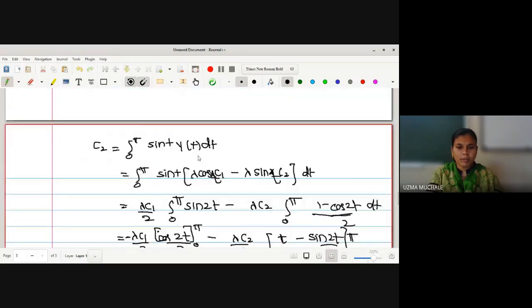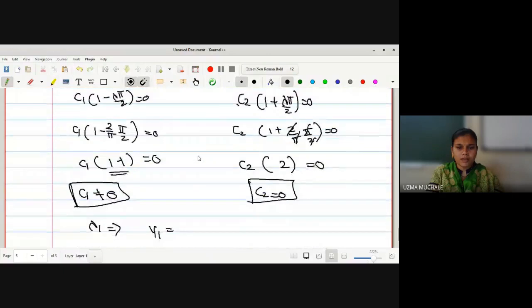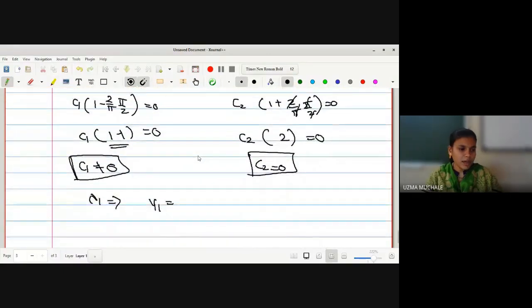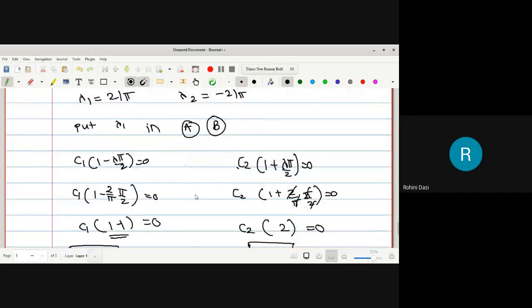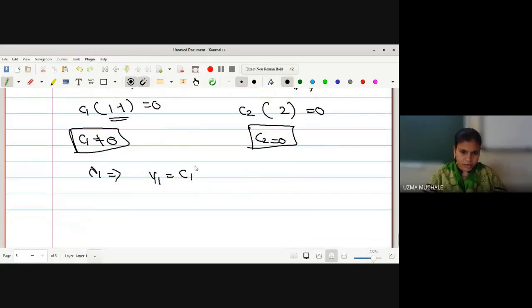But in case of lambda 1, we get the value of c2 is 0. So we get y1 is equal to arbitrary constant C1 into lambda, and the value for lambda we have got is 2 upon pi, into cos x.